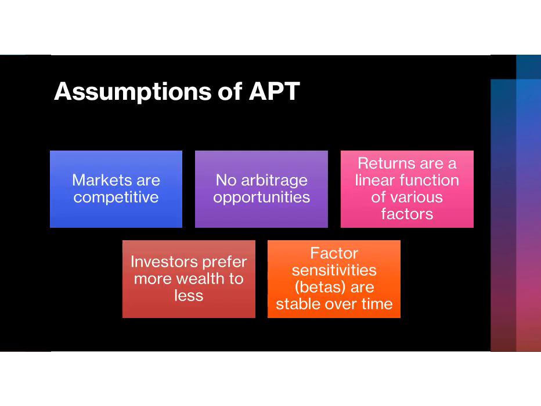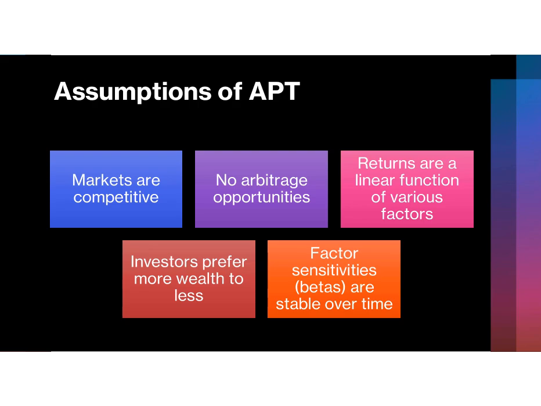The assumptions underlying the arbitrage pricing theory include several key points. First, markets are competitive, ensuring that no participant can consistently dominate the market. Second, there are no arbitrage opportunities, meaning investors can't make risk-free profits through price discrepancies. Third, returns are assumed to be a linear function of various factors, which allows us to model asset returns based on multiple economic influences.